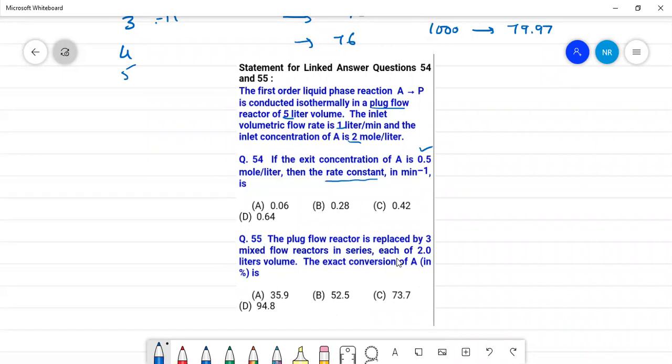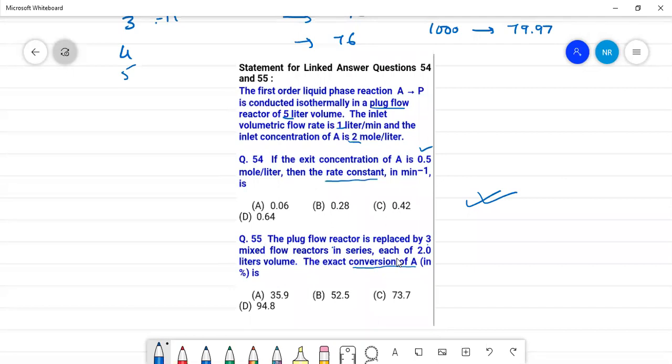Now, if one plug flow reactor is replaced by 3 mixed flow reactors in series, each having 2 liter volume, what will be the exit conversion of A? It means what will be the XA value. So this example is related to the theory we did right now. We'll calculate this example in the next class, and see how much we get if I replace one plug flow reactor with 3 CSTR. And with this I end this lecture.